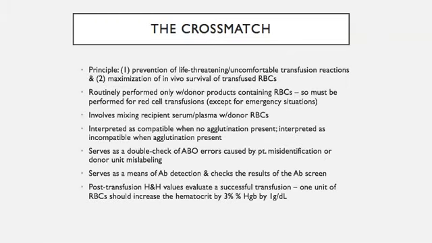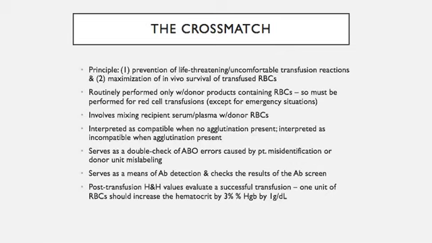Okay, so the principle of the cross-match is the prevention of life-threatening, uncomfortable transfusion reactions, and to maximize in vivo survival of transfused red cells. So this is routinely performed only with donor products that contain red cells. So it has to be performed for red cell transfusions. And again, the exception to that would be emergency release situations.